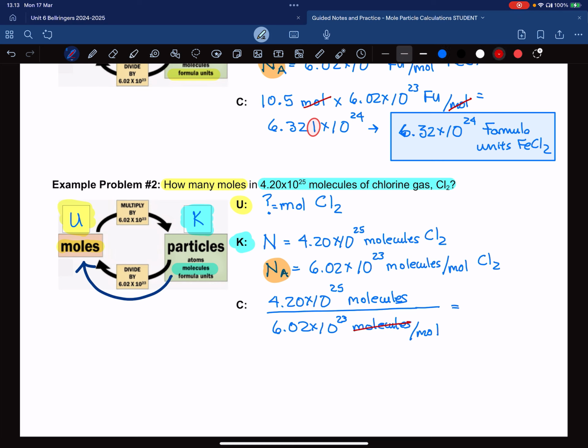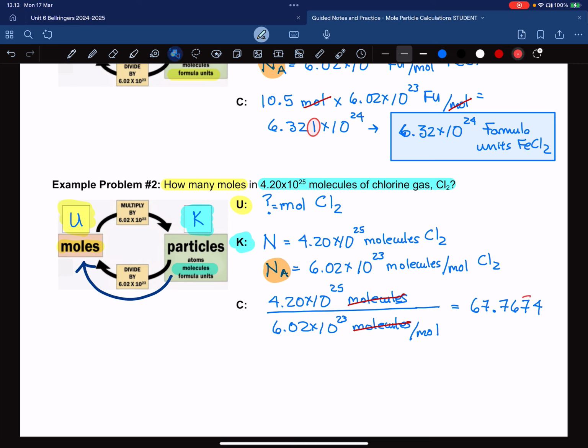The molecules cancel. One's on the bottom, one's on the top. So that's going to be 4.2 EE 25th divided by 6.02 EE 23. So that is going to be 67.7674.